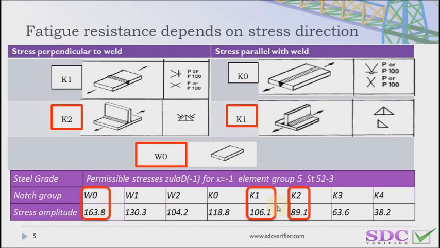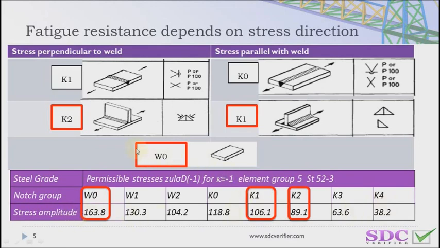Furthermore, we need to select the type of welding, or the notch group, and in our model we keep it more or less simple. Out of the 7 possible classifications, we only use 3 of them.